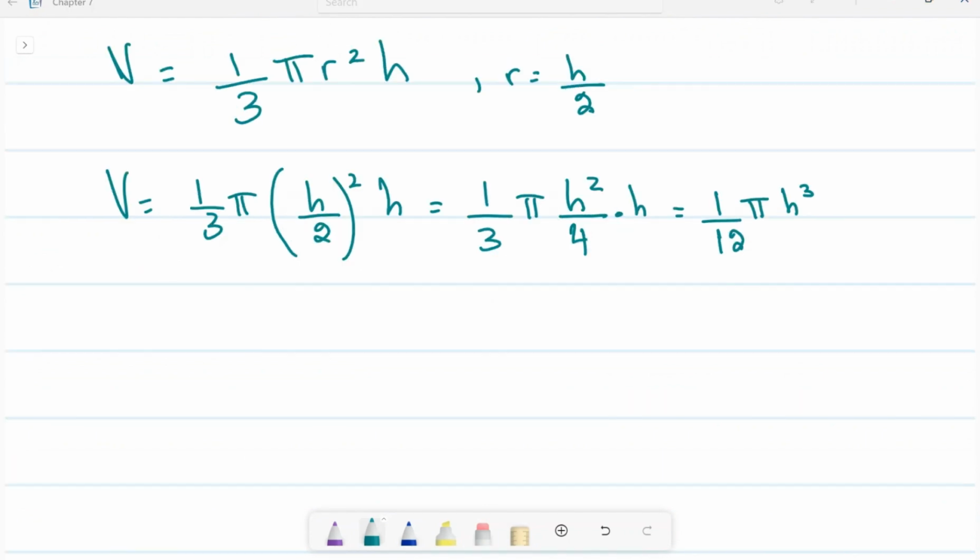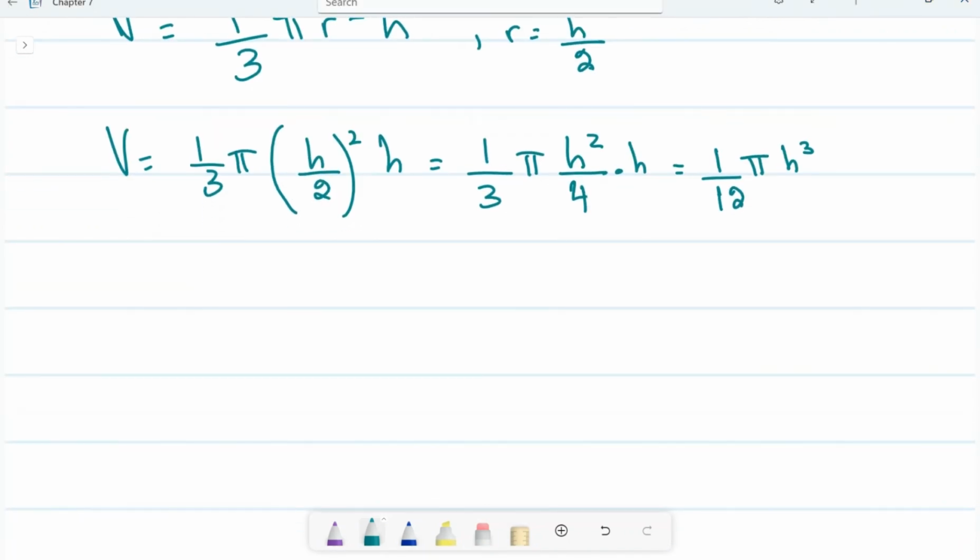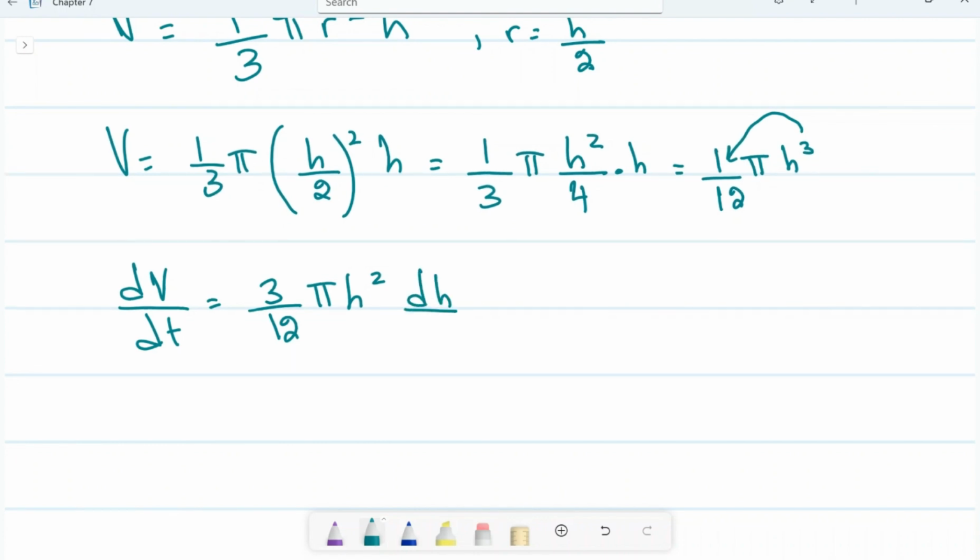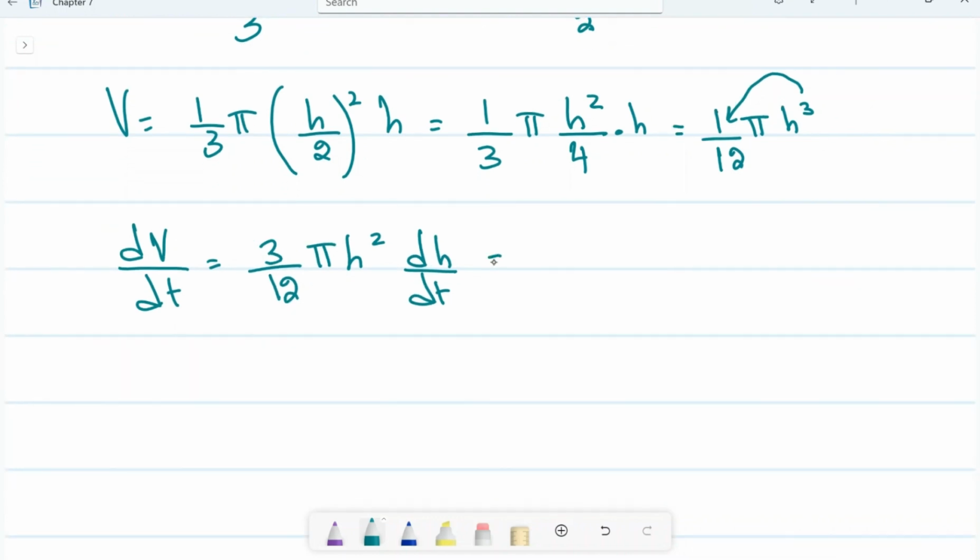Now again, we use the chain rule to differentiate both sides. On the left, we get dV/dt, and on the right, we send the 3 down here, so 3 over 12 pi h squared. Since we don't have a t right here, don't forget to multiply this by dh/dt. And 3 over 12 can simplify, we divide by 3. So we can simplify this to 1 over 4 pi h squared dh/dt.